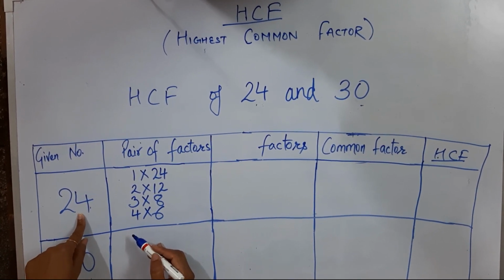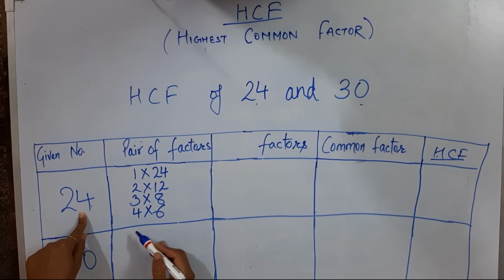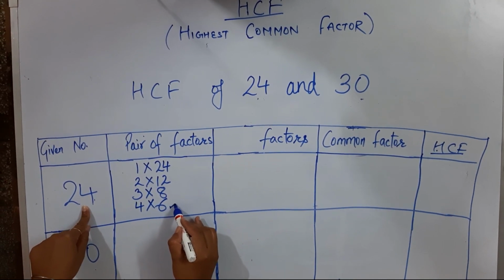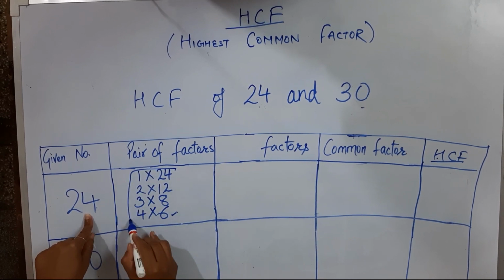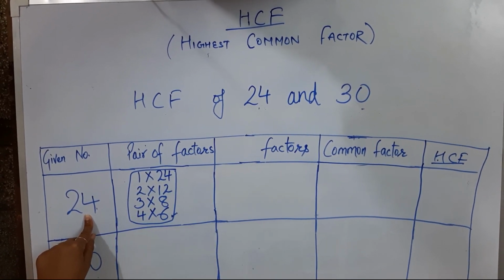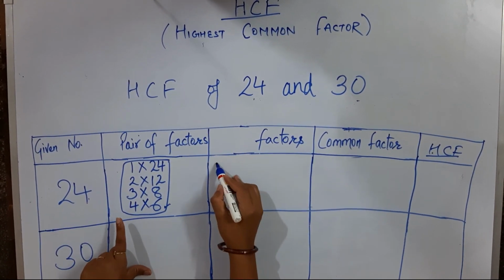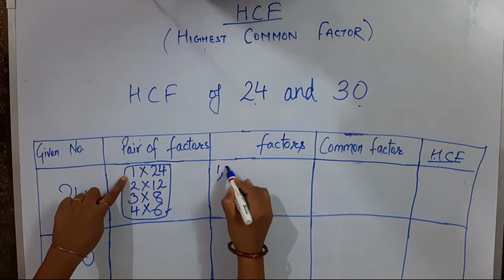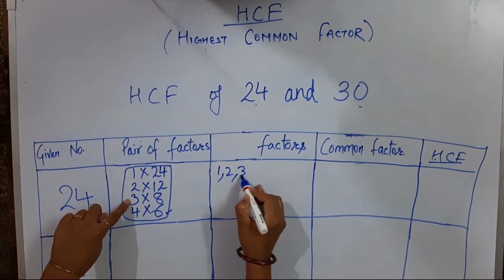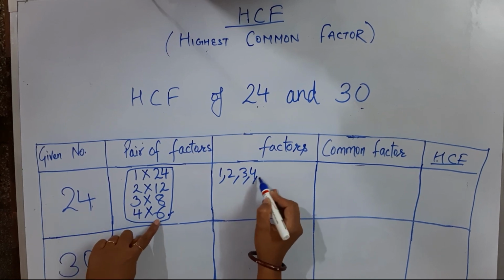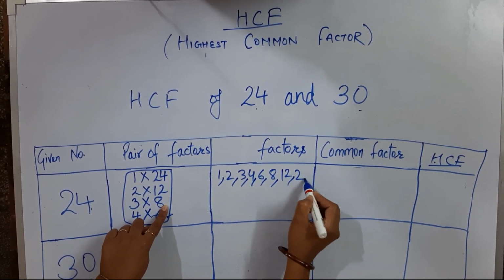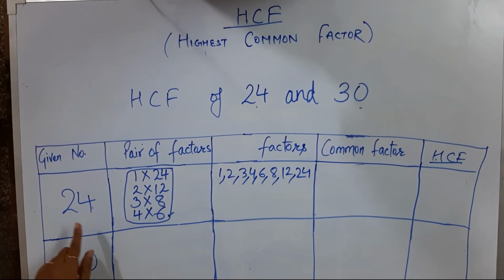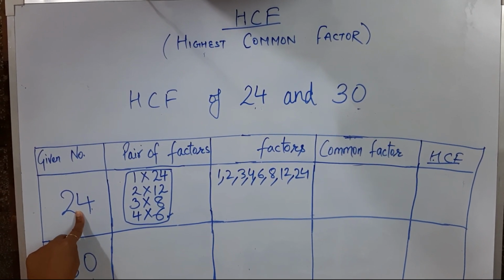In 6's table 24 comes, 6 4 ja 24, but 6 I have already used here, so I will not repeat it again. So these all are the factors of 24. I will write them in ascending order: 1, 2, 3, 4, 6, 8, 12, 24. These numbers are the factors of 24.